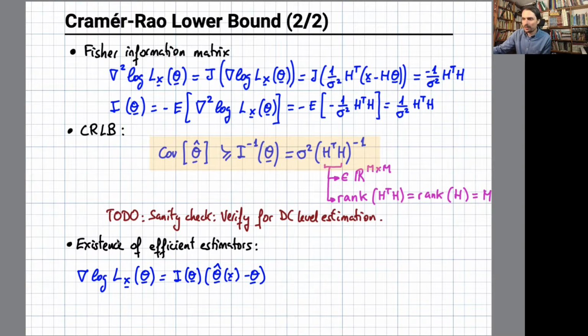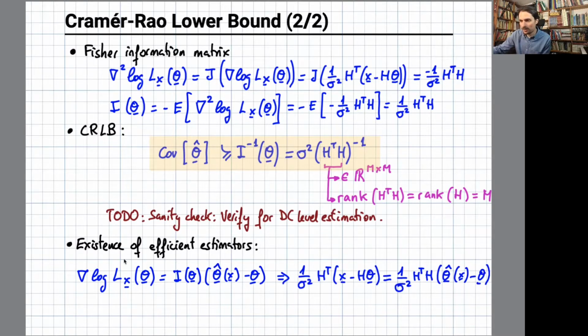And remember that the Cramer-Rao lower bound theorem also has a second part, which states that an efficient estimator exists if this equation holds. The expression here will be that efficient estimator, right?